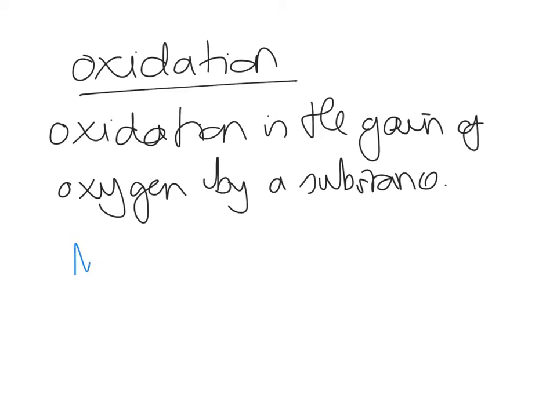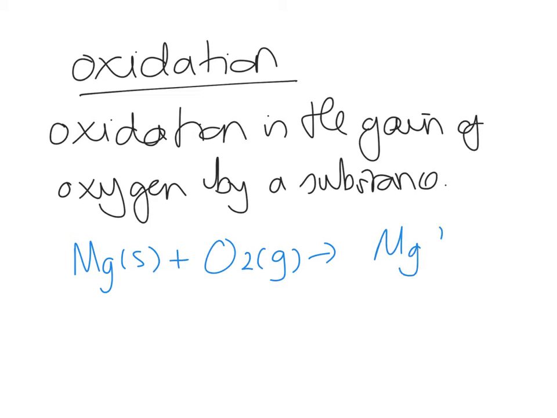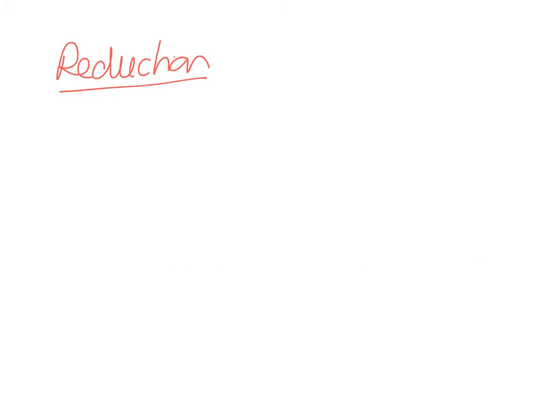So in a reaction between magnesium and oxygen, to give us some magnesium oxide, let's balance that, you'd see that it's the magnesium that gains oxygen, so the magnesium is oxidized. Reduction is the loss of oxygen from a substance.